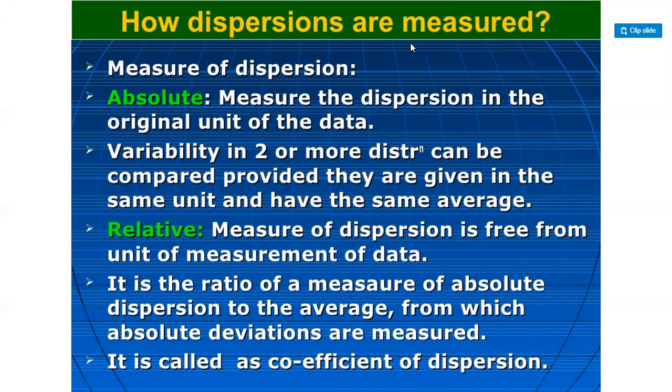For example, the dispersion of salary about an average is measured in rupees. So absolute measures are expressed in the concrete units in which the data has been expressed, like rupees, centimeters, kilograms, etc. Such measures are not suitable for comparing the variability of two distributions which are expressed in different units of measurement.